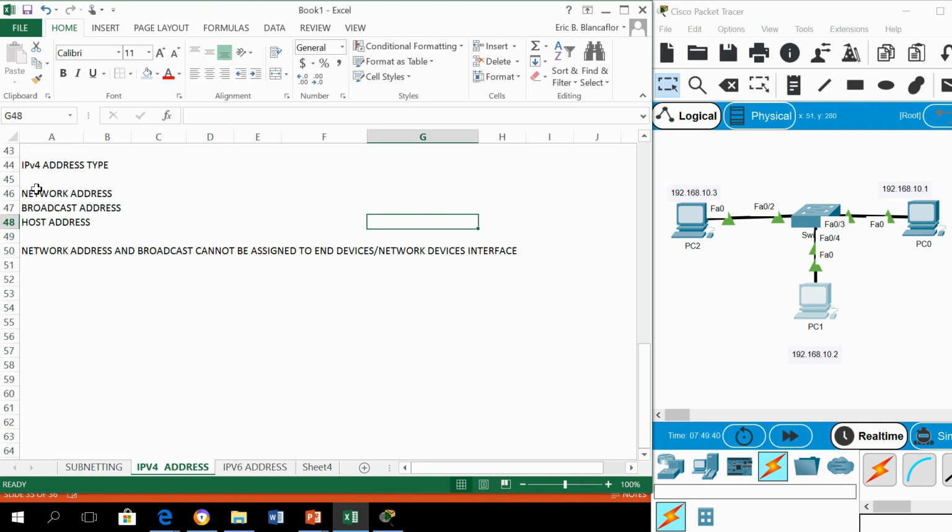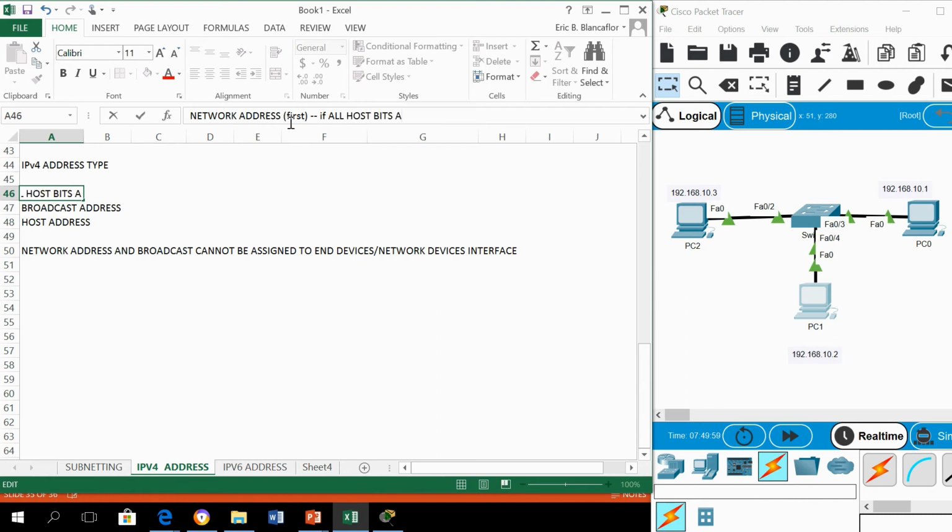Again, the network address is the first in the range. By definition, an address is a network address if all host bits are zeros, in binary.